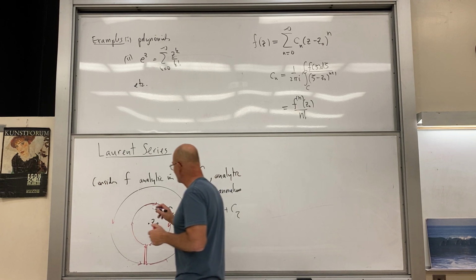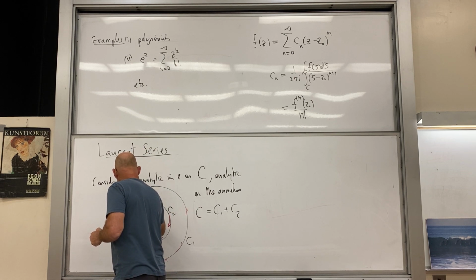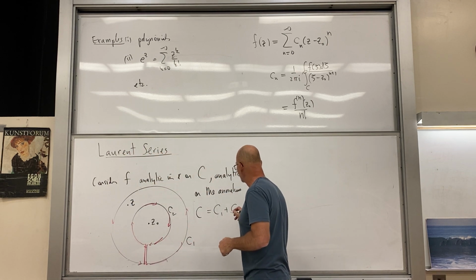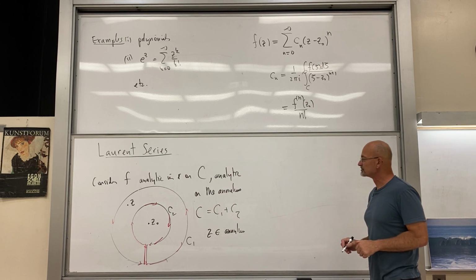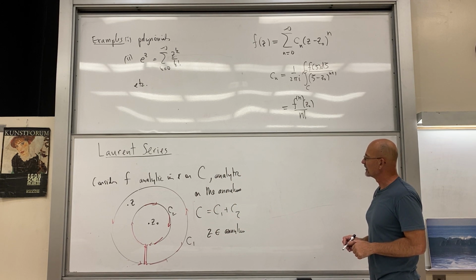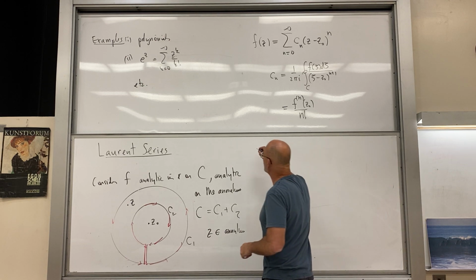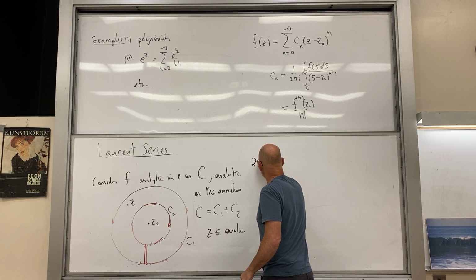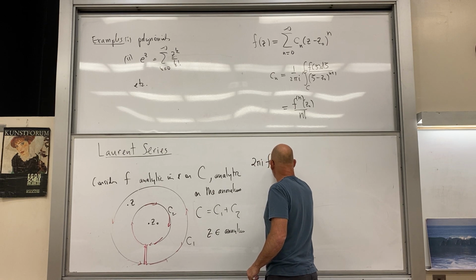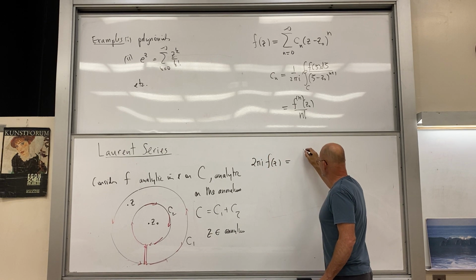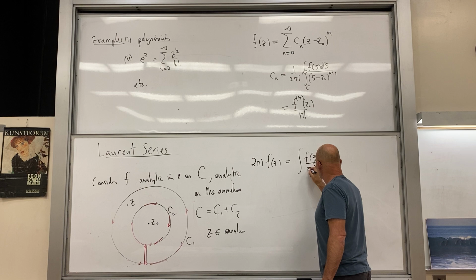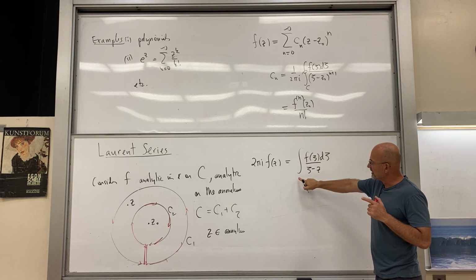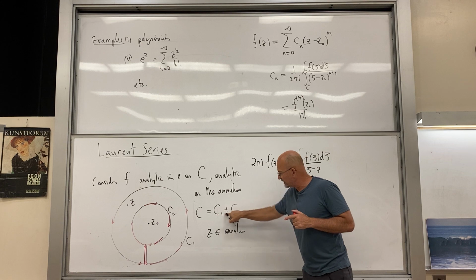Okay. And then we'll consider just some point z, an element of the annulus, somewhere in between there. Good. So first of all, let's multiply the whole thing by 2 pi i. We have 2 pi i f of z equals the integral of f of zeta d zeta over zeta minus z along the contour C, but now we can break it up into C1 plus C2.